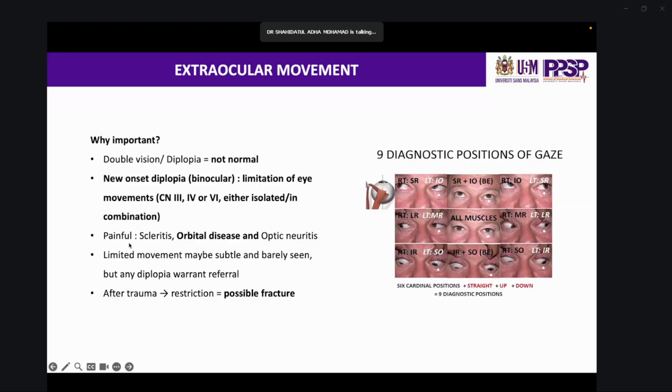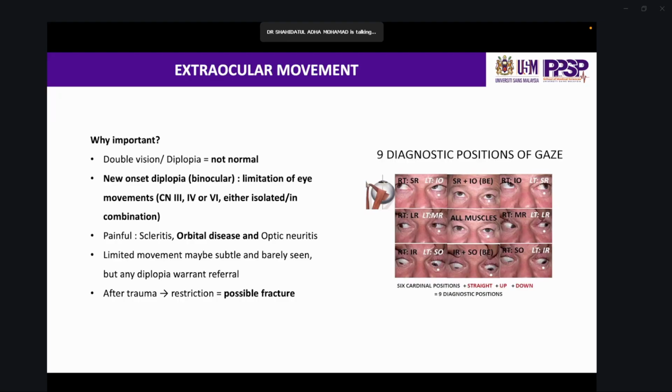So if there is pain during the EOM test, it could suggest scleritis or any orbital disease and perhaps optic neuritis as well. All right. And in some cases, patients come with diplopia, but upon assessing EOM, you cannot elicit any restriction.